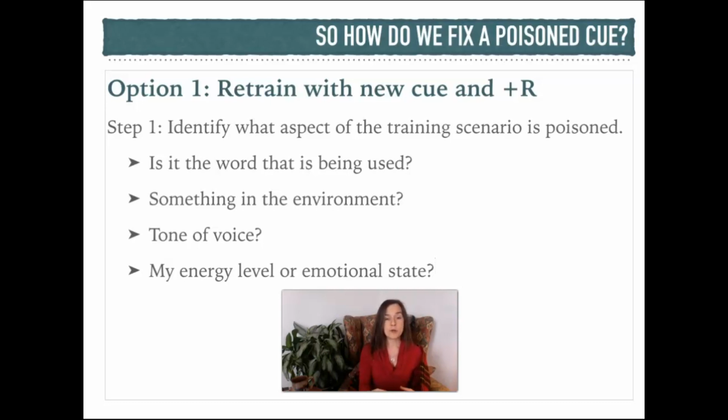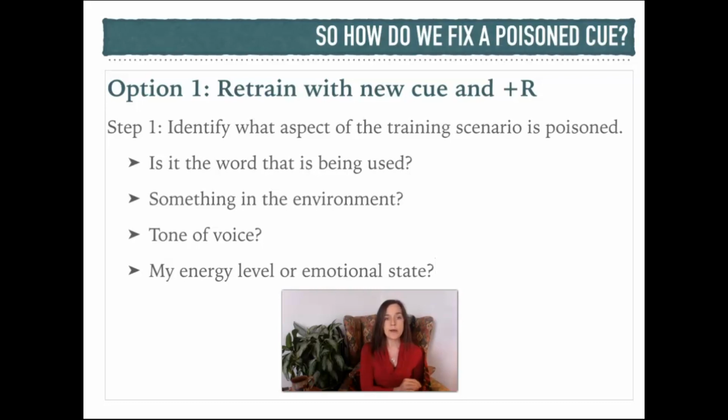So, for example, if you have to say sit for your competition behavior, and your dog has an aversive reaction to the word sit because that was poisoned, you could maybe change how you say sit. So you could say it with a different pitch or stress. That will have a completely different meaning to your dog than the original sit. And as long as that is agreeable to your competition guidelines, then that should solve your problem as well.